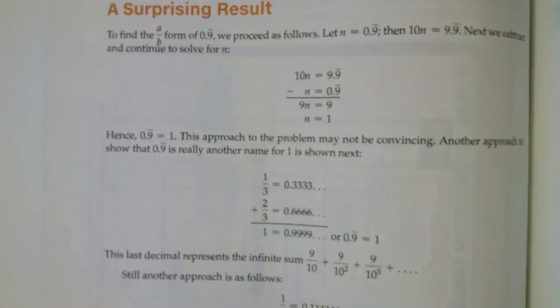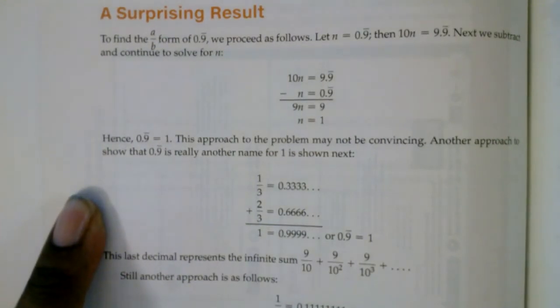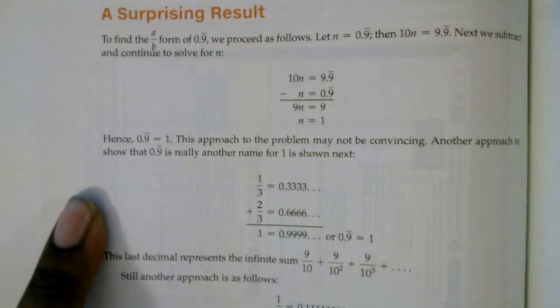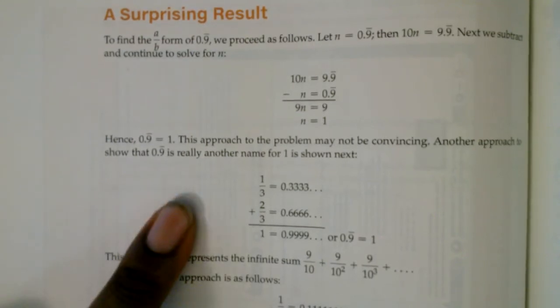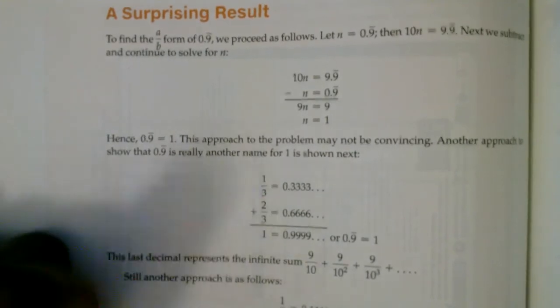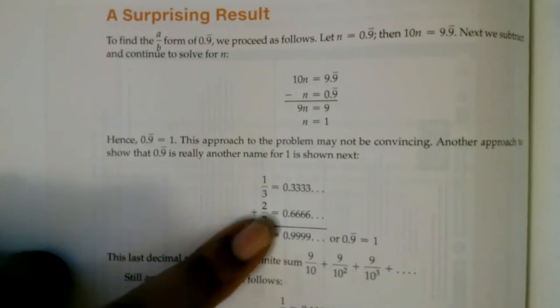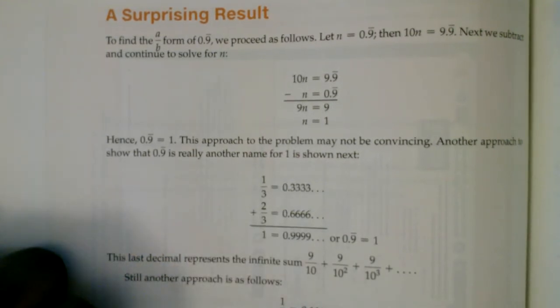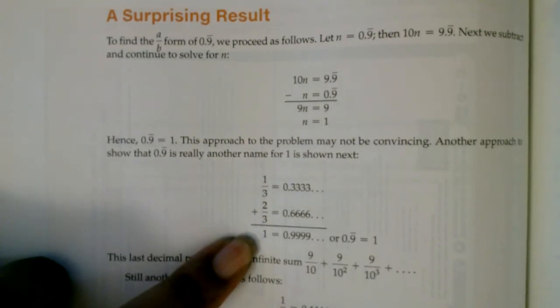Okay, now here that approach might not be convincing. So here's another approach that shows that 0.9 repeating is really another name for 1. Here you've got 1/3, which as a decimal would be 0.3 repeating, and 2/3 as a decimal would be 0.6666 repeating. Now, if you add 1/3 and 2/3, that's 1 whole.